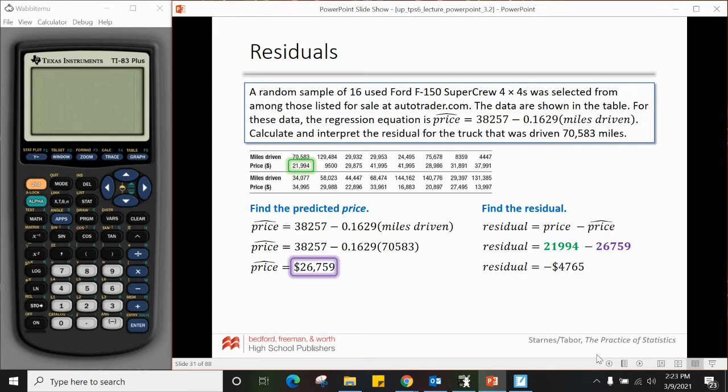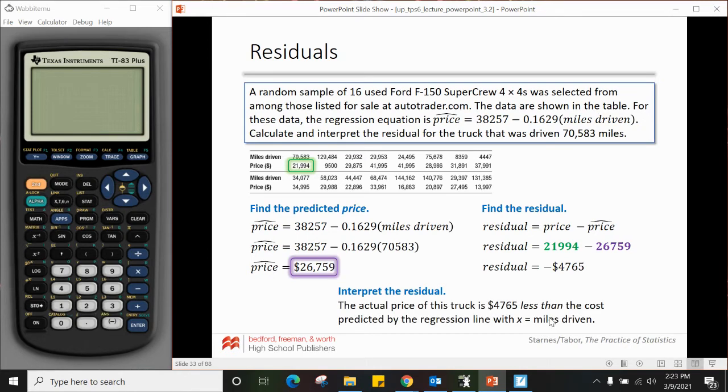Basically, the negative just tells me that the actual data point is below the line in this case. If I wanted to interpret this residual, it would be: the actual price of the truck is $4,765 less than the cost predicted by the linear regression line with x equals miles driven.